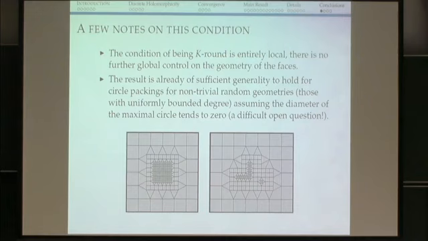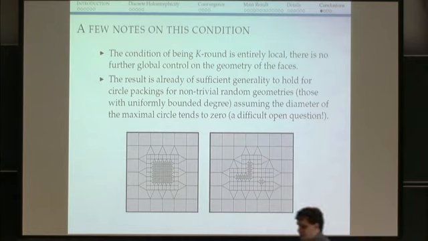And that's where I'll finish, by discussing a little bit about what this theorem means precisely. The first thing, and this is what I want to emphasize most of all, is that this condition, this k-roundness, is entirely local. So there are no global demands on your lattice at all. You just say the faces themselves aren't too bad.